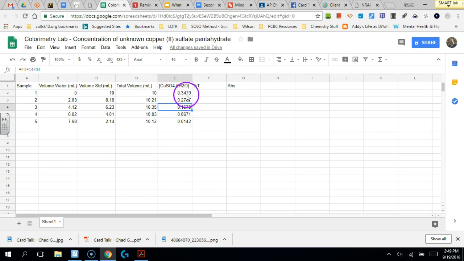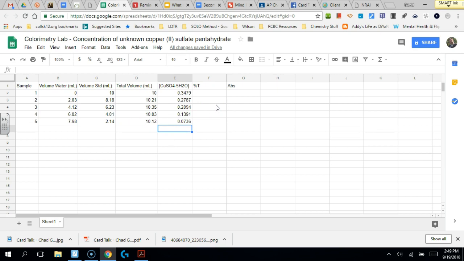So I want it to stay as E2. So I'm going to take this back here and go E2. So now there are our concentrations all in the spreadsheet, and that's good. The spreadsheet does that math for us.